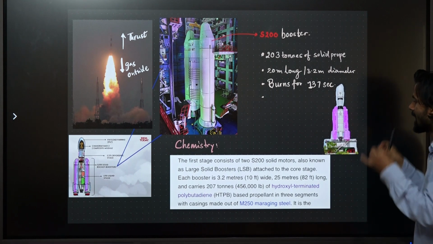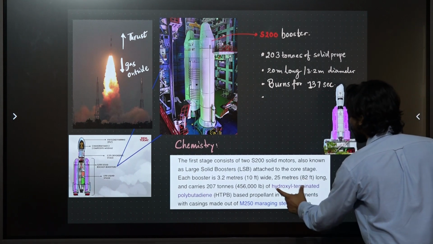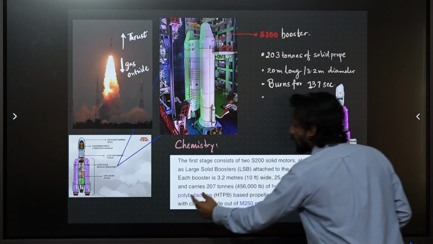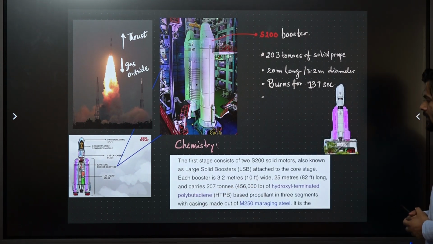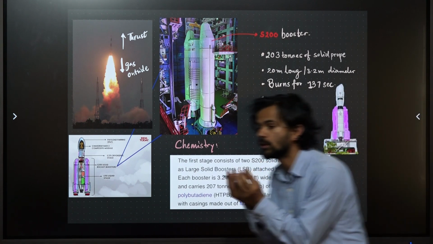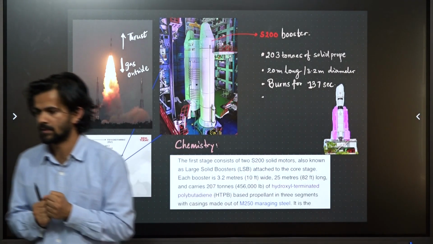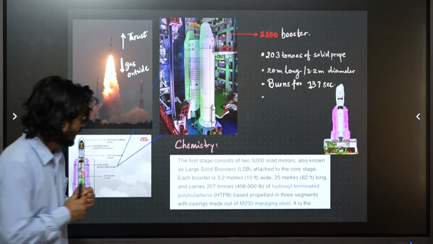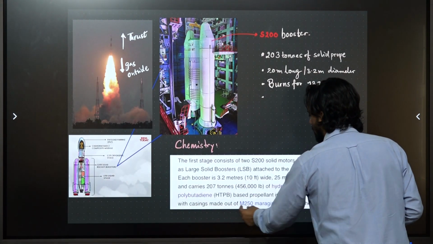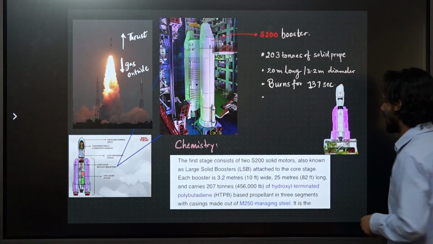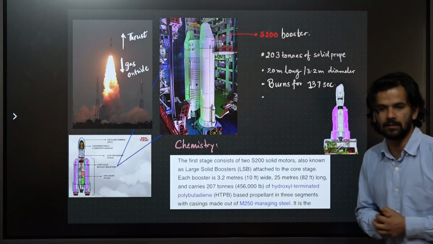And inside them, there is hydroxyl terminated polybutadiene. This is a propellant, a fuel that is present, it's solid. Propellant in 3 segments with casings made of M250 maraging steel.